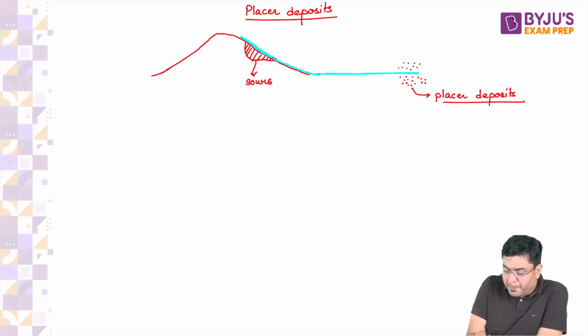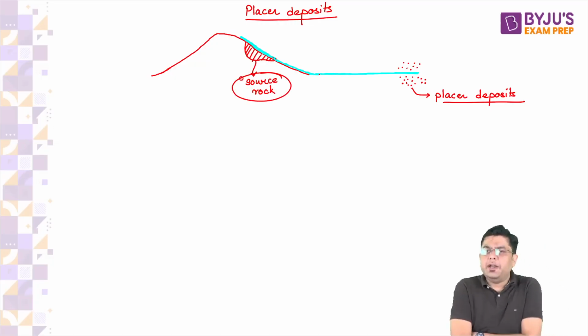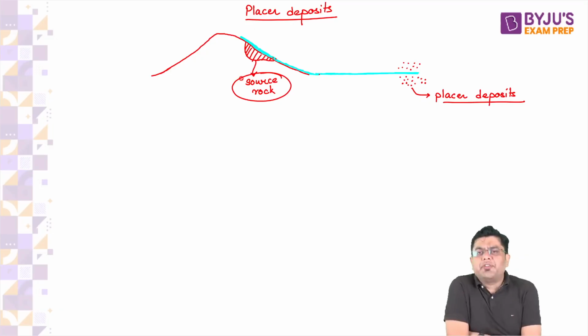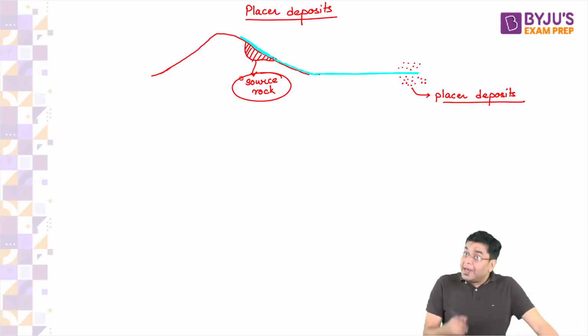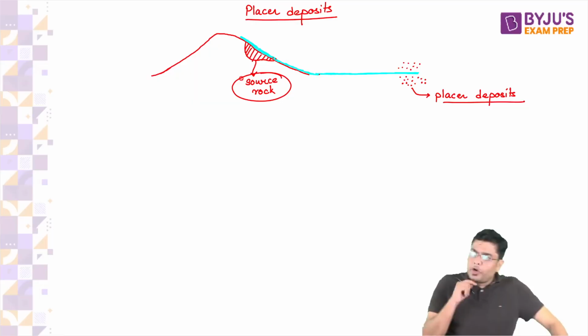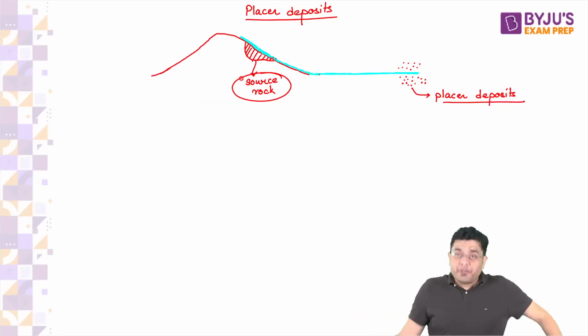So he observed that in the region of Western Africa, there are huge placer deposits of gold, but the source rock is not to be found in the region of Western Africa.